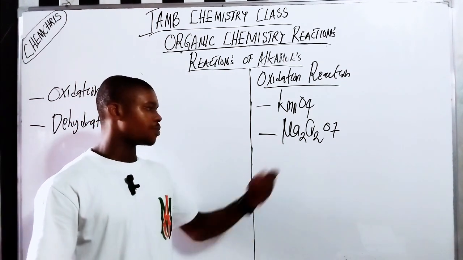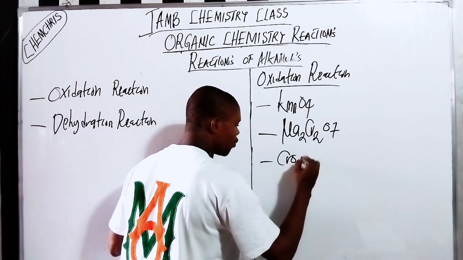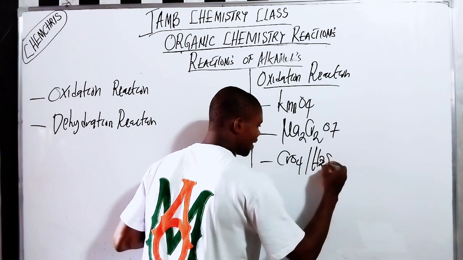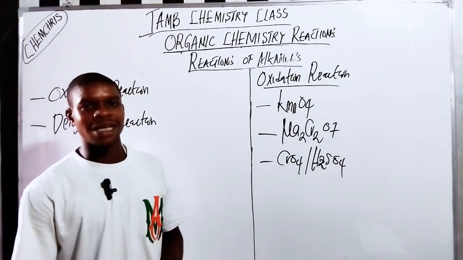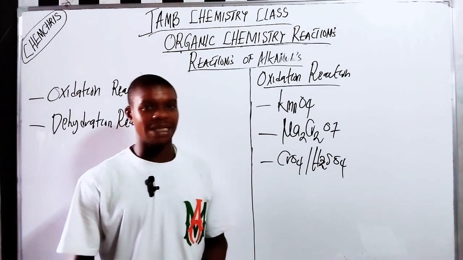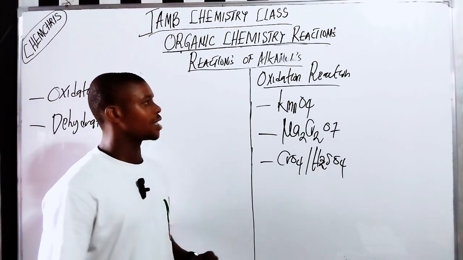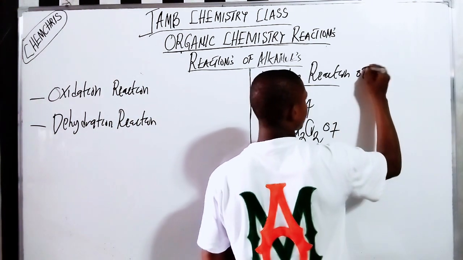The next one is CrO3/H2SO4. Do you understand? These are the common oxidizing agents you will see when you're oxidizing alkanols. So, oxidation reaction of alkanols.